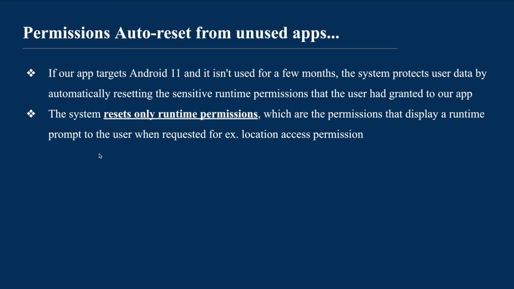The system resets only runtime permissions, which are the permissions that display a runtime prompt to the user when requested, for example, location access permission. So the point to remember here is the system resets only runtime permissions.